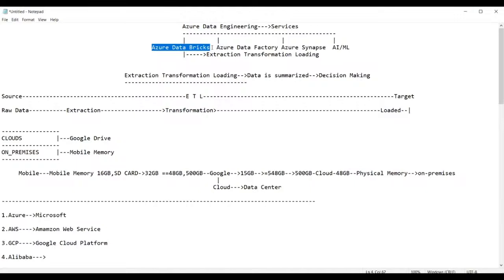These are the 4 languages used in Azure Databricks. Whereas Azure Data Factory is totally menu driven. Both perform the same job, but one is menu driven and the other is code based.